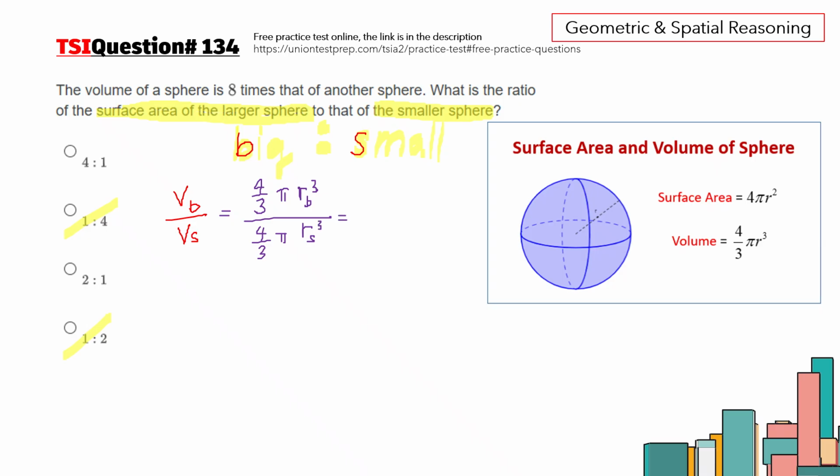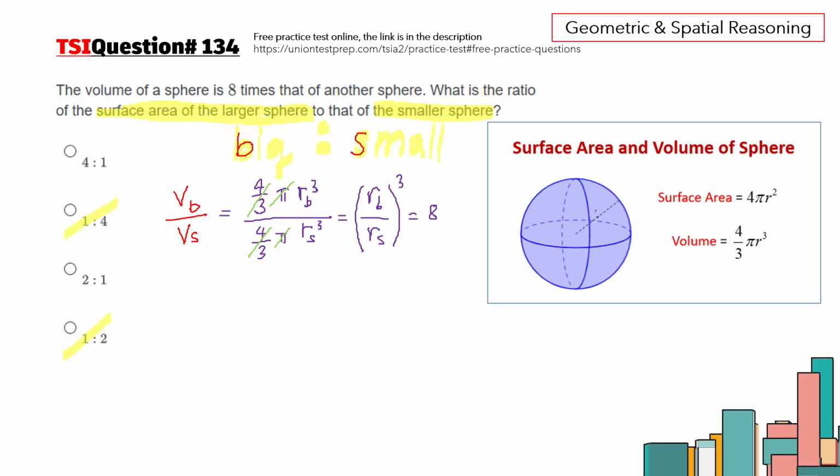And we know that 4 over 3 divided by 4 over 3 is 1, so we can cancel it, pi divided by pi. We are left with r sub b, the radius of the bigger sphere, over the radius of the smaller sphere, r cubed, that equals 8 times.